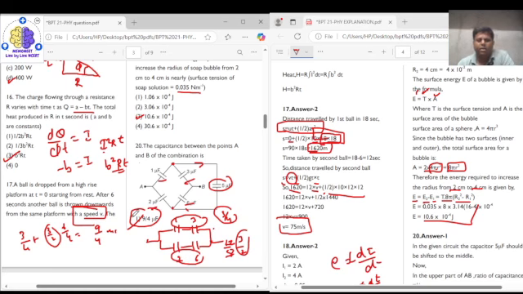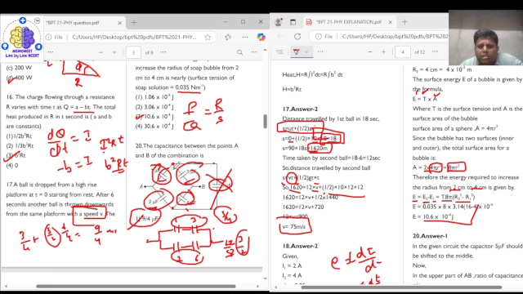I hope you understood it, because we can see that this is a balanced Wheatstone bridge: the capacitance of this upon this is equal to the capacitance of this side upon this side. P upon Q is equal to R upon S, right? This is what is happening here. So there will be no charge flowing through this 5 microfarad.